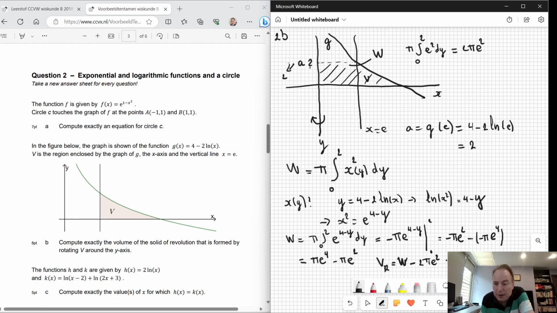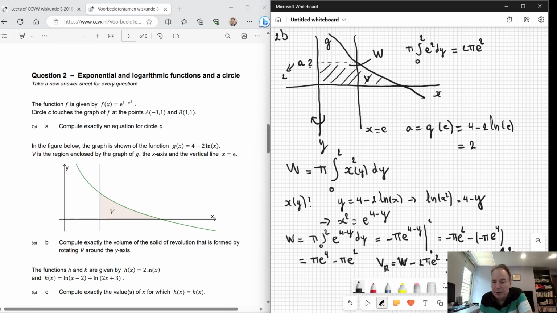So you get pi times e to the power 4 minus 3 pi e to the power 2. E to the power 2.